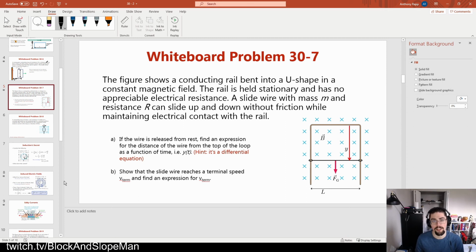Gravity actually is an important factor here. But as it falls, it's going to be changing the magnetic flux going through this area up here. There are going to be some complicated things happening here, but what we're looking for is an expression for y of t. We want to find some sort of differential equation that describes what happens with our position y relative to how far we've fallen from the top.